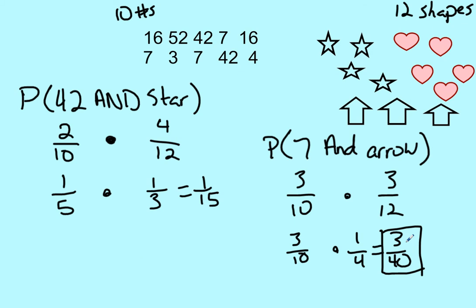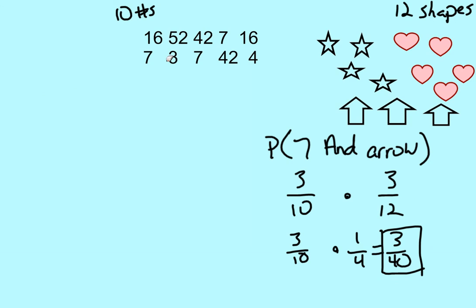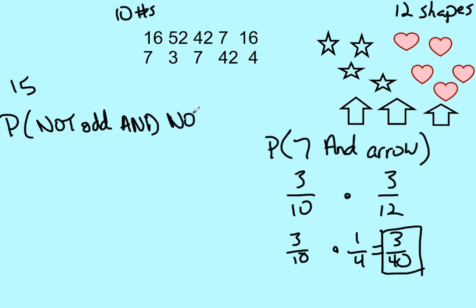Let's do one more of these. So 15 says find the probability of not getting an odd and not an arrow. Okay, so not odd essentially just means even.